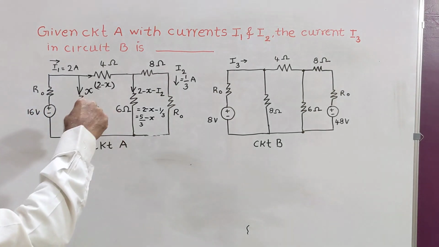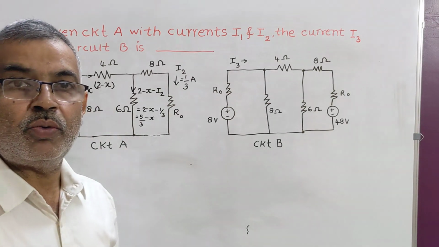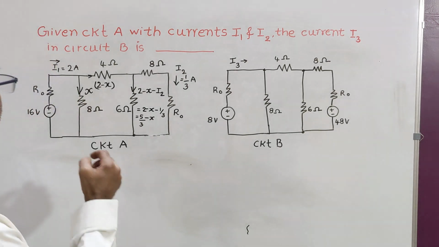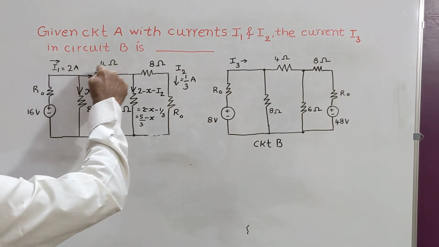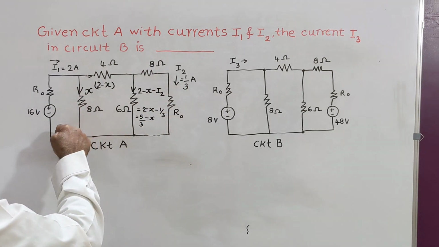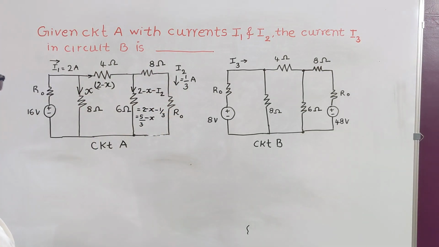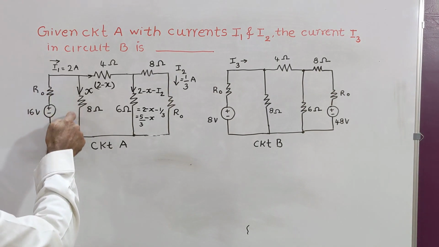Now apply KVL to two separate paths. First I will apply KVL to this path, and another path I will take this one.